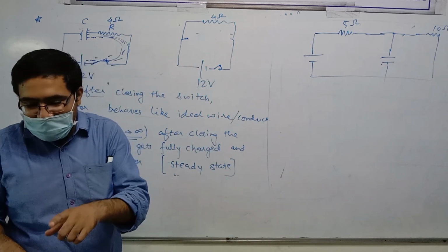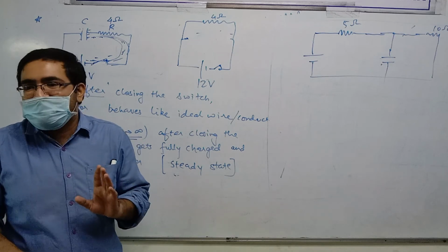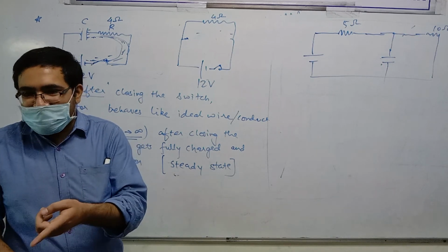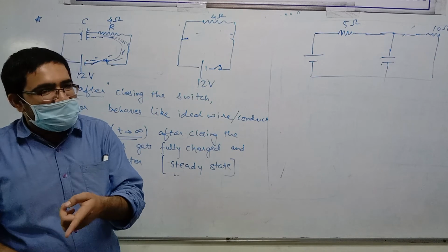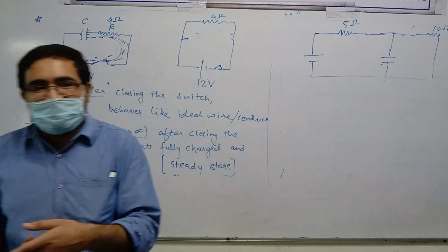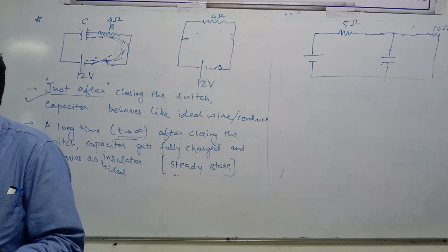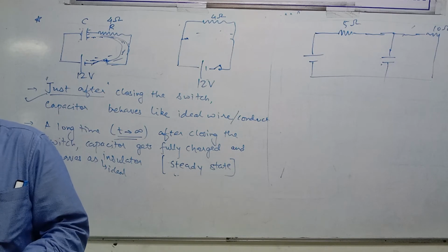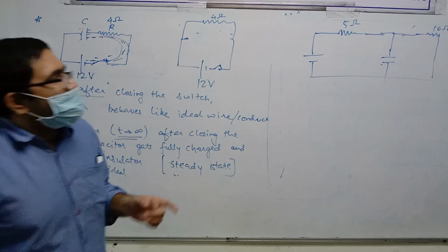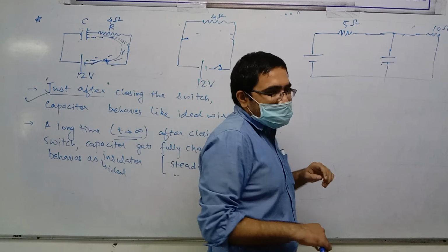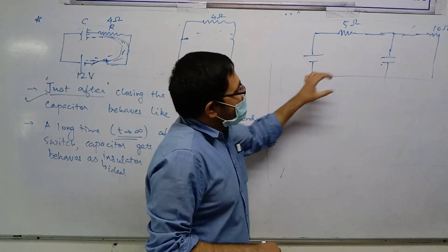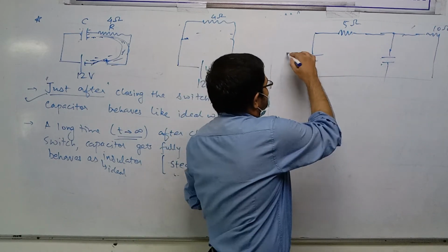So if I want to find the voltage for this capacitor, it's given in the question that the voltage should be V. In which case can we charge the capacitor to V? That means this capacitor should get all the voltage from the battery.